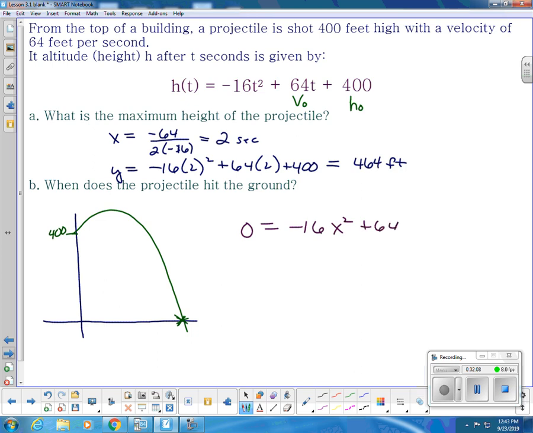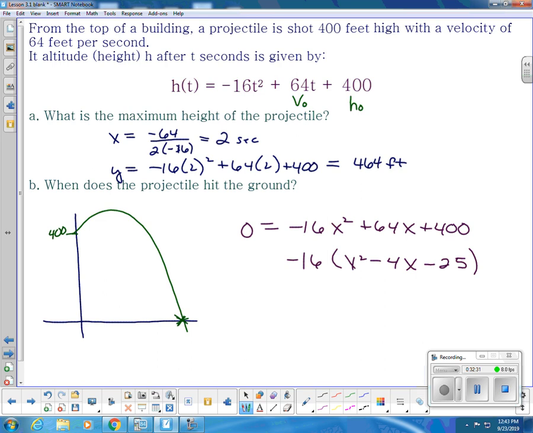I'm changing these to x's because I do better with x's. All right. You can take 16 out of all of those. It's going to give you something that can't be factored.